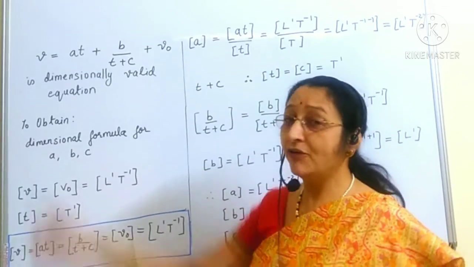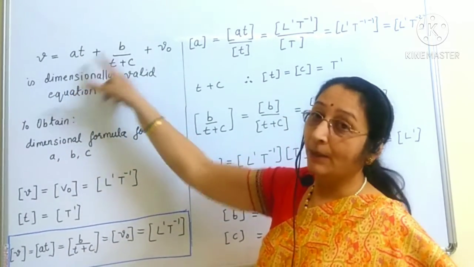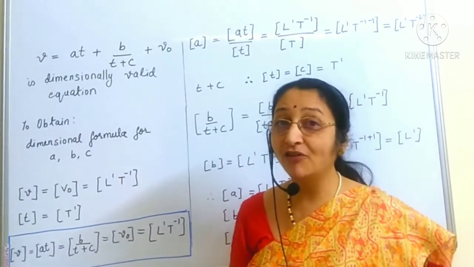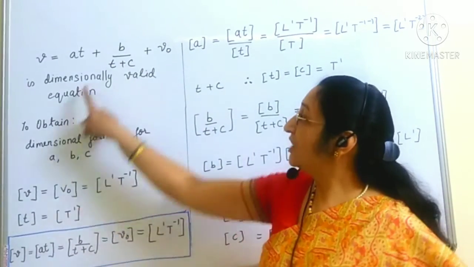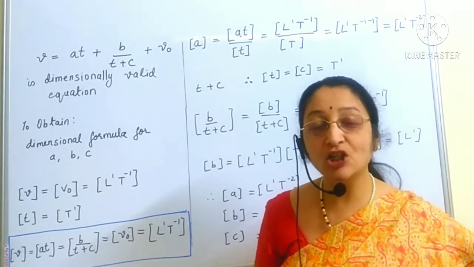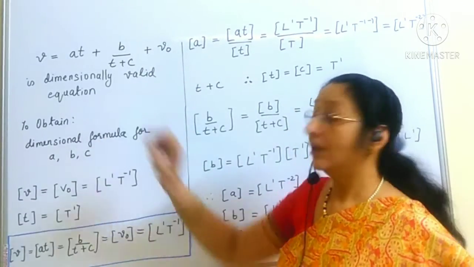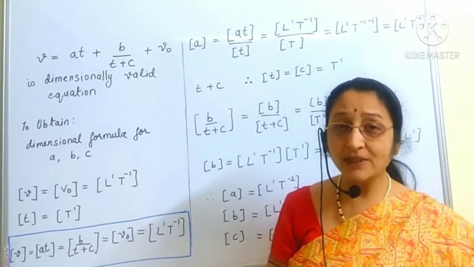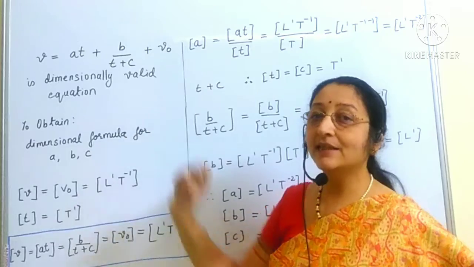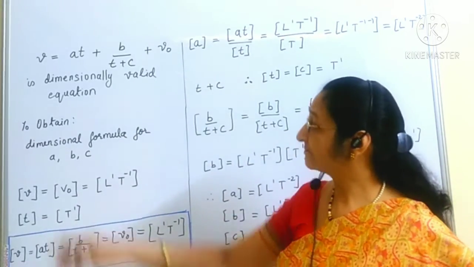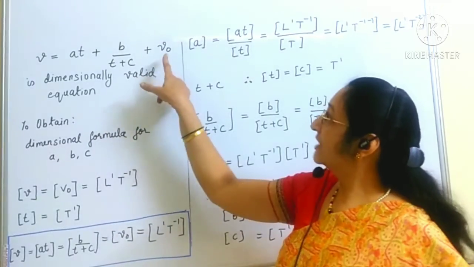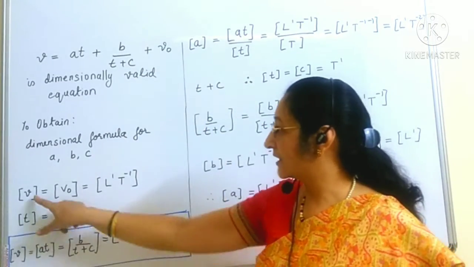The equation is V equal to AT plus B upon T plus C plus V0 and they have given that it is a dimensionally valid equation. That is, this equation is dimensionally correct. Now, they have asked us to obtain the dimensional formula for A, B and C, where this V is the velocity and this V0 is the initial velocity.